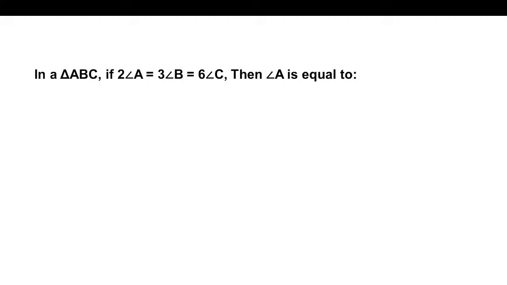Okay, can you answer this question? In triangle ABC, if 2 angle A is equals to 3 angle B is equals to 6 angle C, then angle A is equals to what?